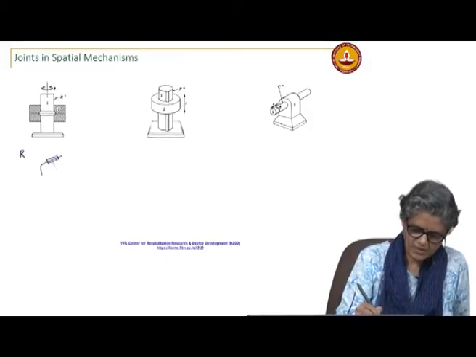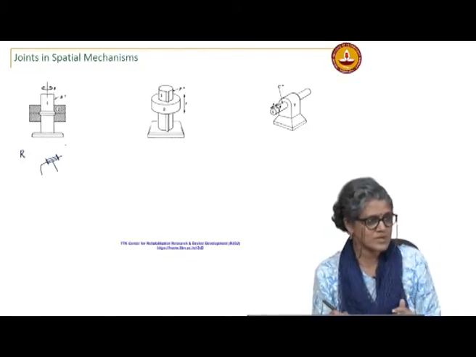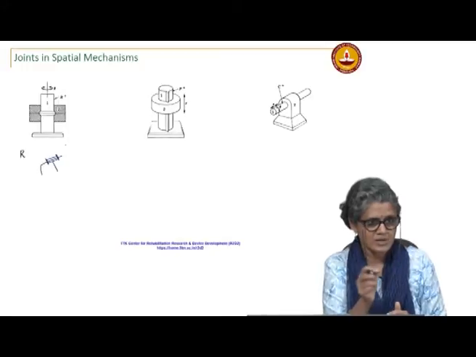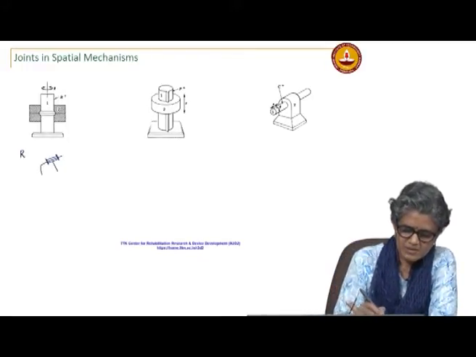We have one link, and this shows that it can only rotate with respect to the other link and not translate.